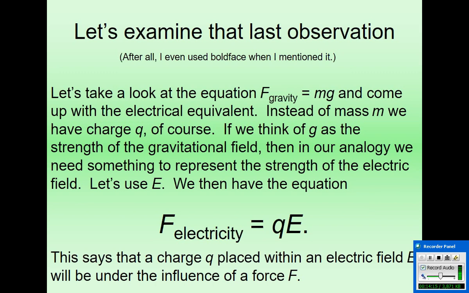But I want you to think of little g as something else. Yes, little g is the strength of the gravitational acceleration and it has units of meters per second squared, but an equivalent set of units for little g is newtons per kilogram.